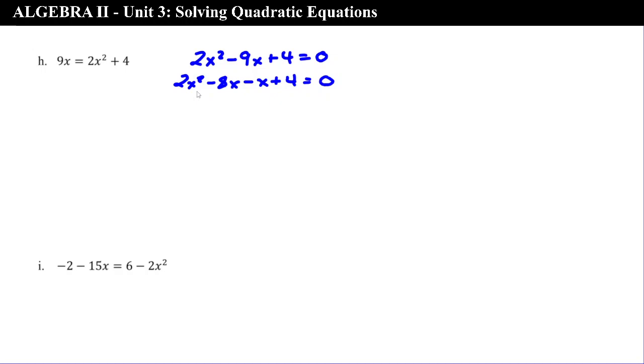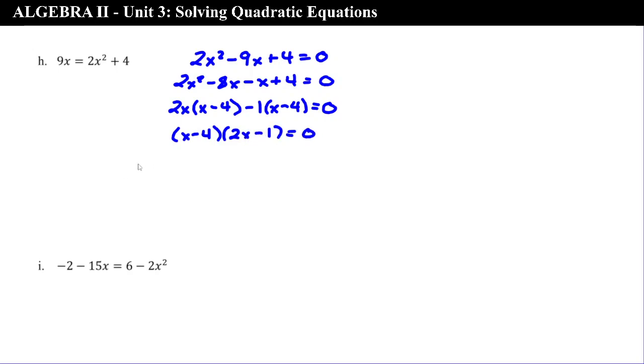All right, we factor by grouping. We can factor out a 2x on the first two terms, and we're left with x minus 4. And if we want an x minus 4 over here, we can factor out a negative 1. And then we have x minus 4 times 2x minus 1 equals 0.